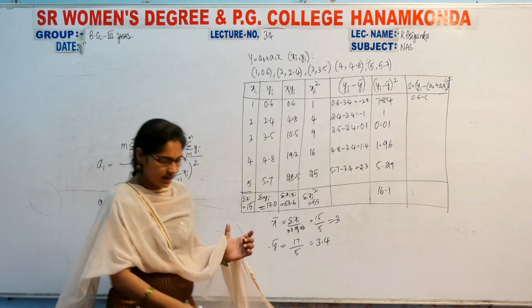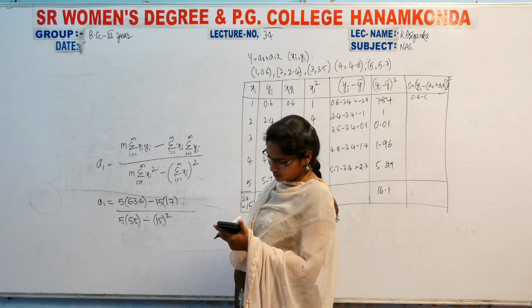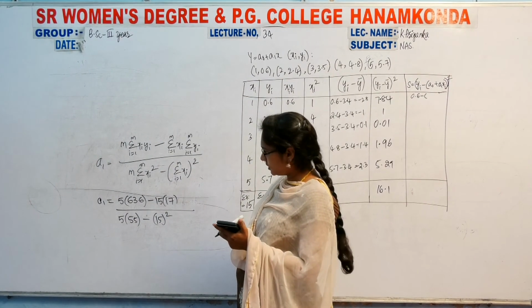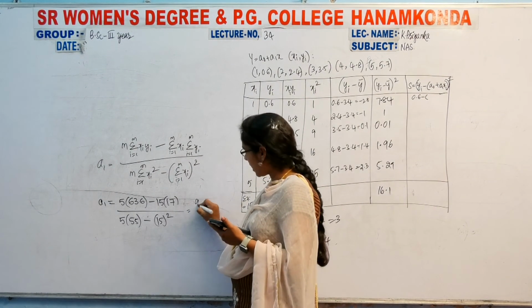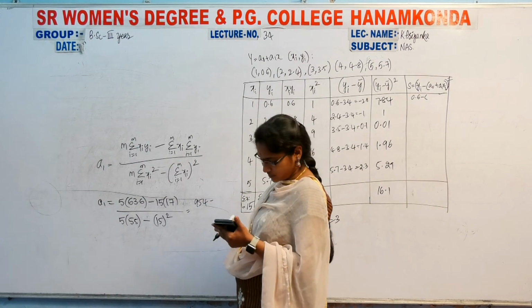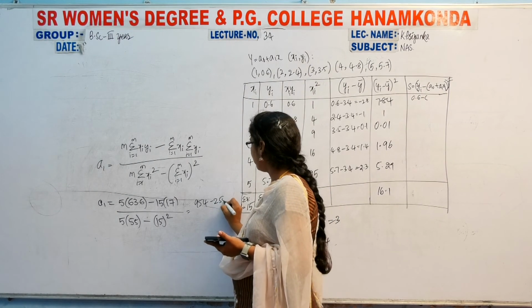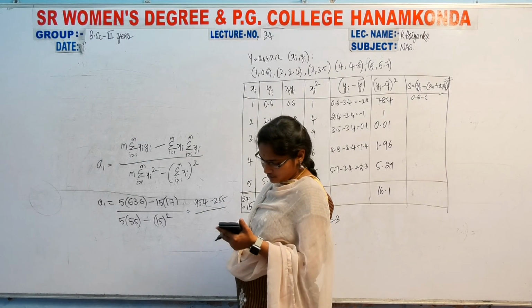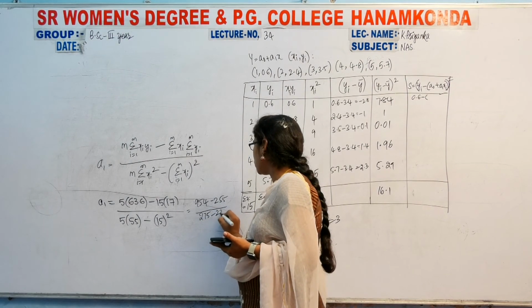Okay. So finally here, by taking the calculator, 5 into 63.6 is equal to 318 minus 15 into 17, 255. 55 into 5, 275 minus 225.